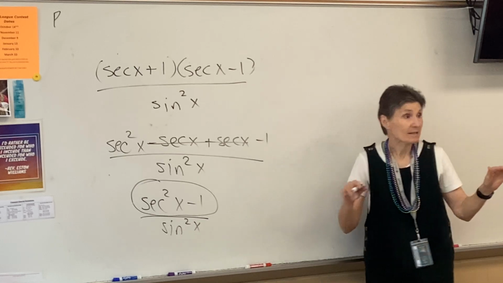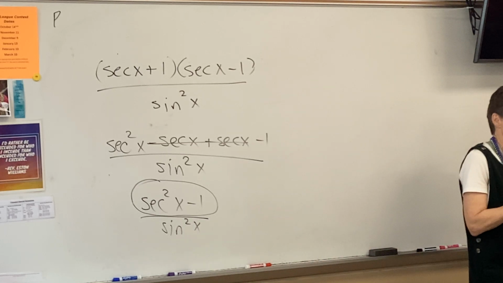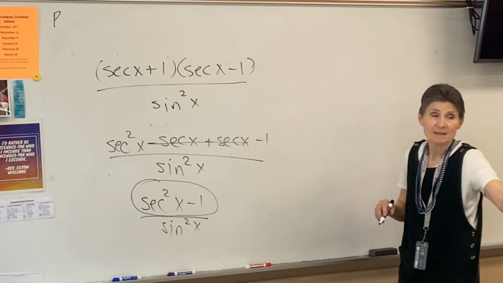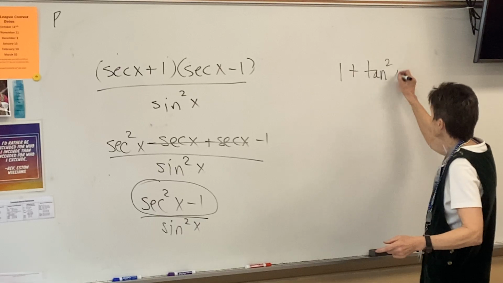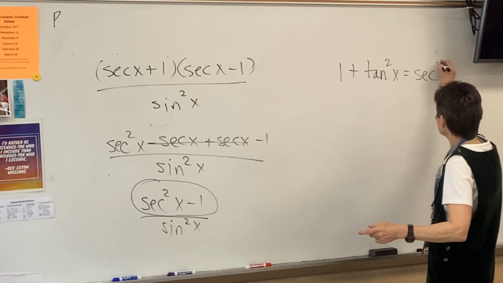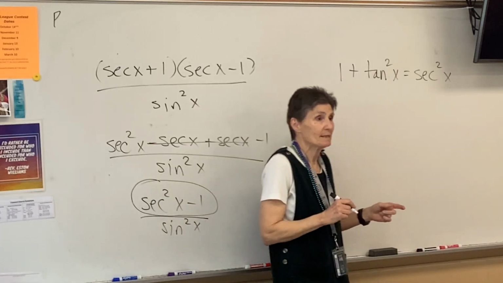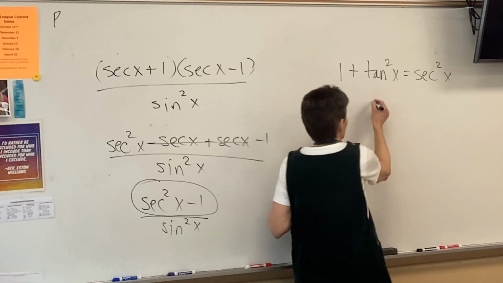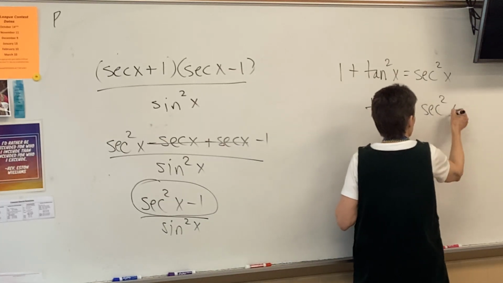Well, secant is 1 over cosine, and that is true, but that's not what I'm talking about. One of your Pythagorean identities says 1 plus tangent squared is secant squared. See that one? What happens if I move that 1 to the other side? Then it says tangent squared equals secant squared minus 1.